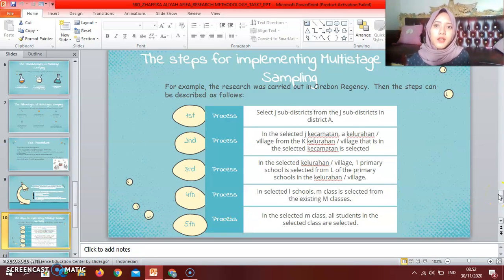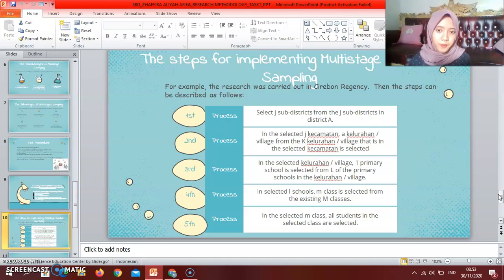Here, there are also the steps for implementing multistage sampling. For example, the research was carried out on pregnancy. Then the steps can be described as follows. First, select J subdistricts from the J subdistricts in district A. Second, in the selected J kecamatan, a kelurahan or village is selected from the K kelurahan or villages in the selected kecamatan.